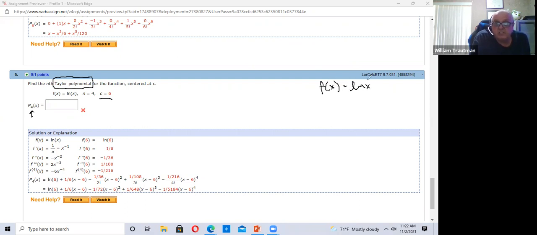Natural log of x. The derivative of the natural log of x is 1 over x. Another way of writing it, and this is the way I recommend for this problem, is x to the negative 1, because it's easier to take the second derivative: you bring the negative over and then subtract 1.